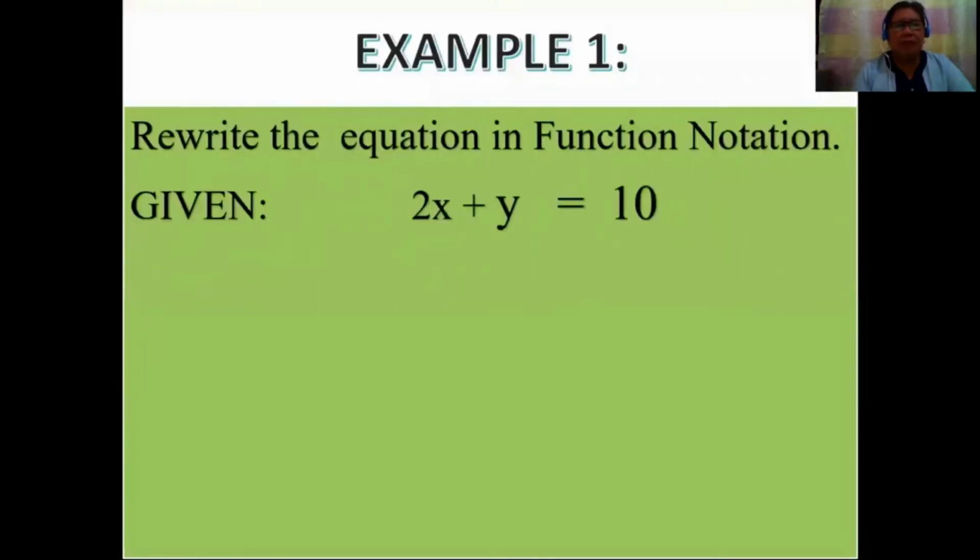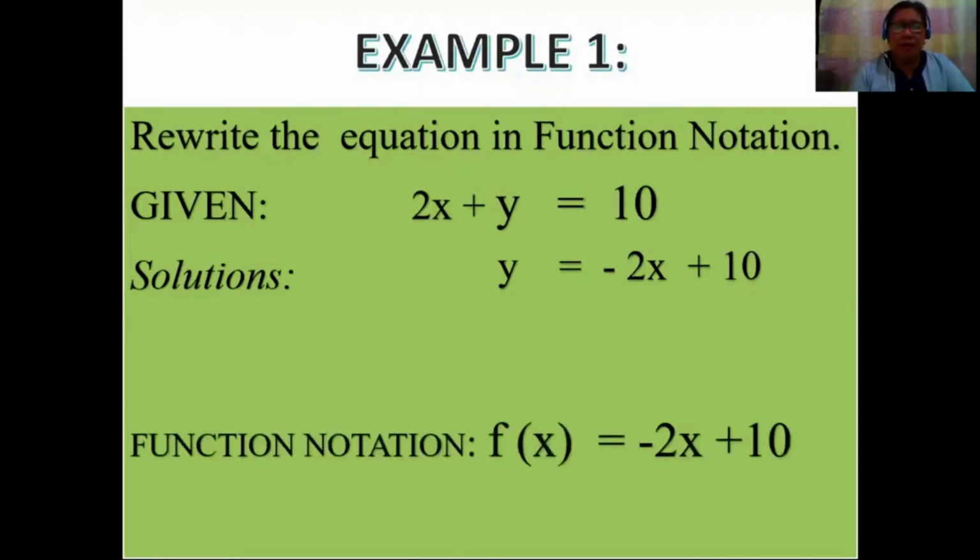For example, rewrite 2x plus y equals 10 in function notation. Solutions. We have y is equal to negative 2x plus 10. Transpose 2x to the other side and it becomes negative 2x. And copy positive 10.